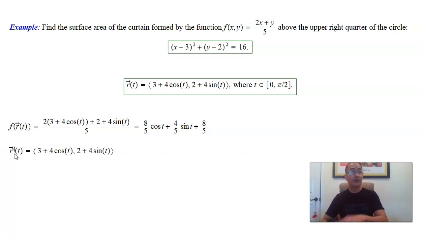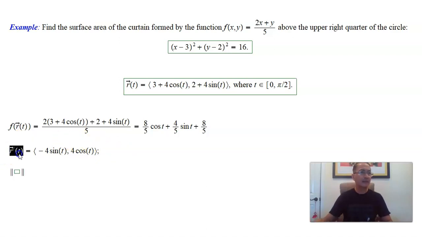R prime is going to be negative 4 sine t, and that's going to be 4 cosine t. Why do I erase that? I don't know why. Okay, and then we need the length. So we can see it clearly, we got 16 sine squared, 16 cosine squared.